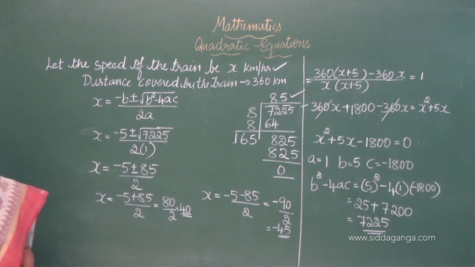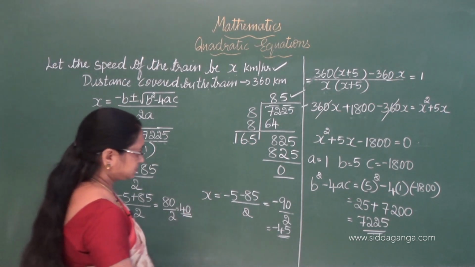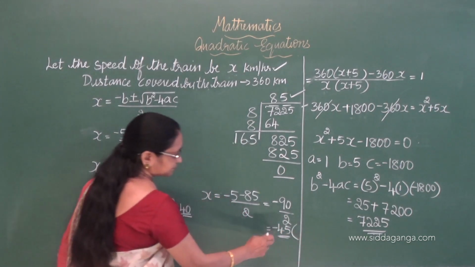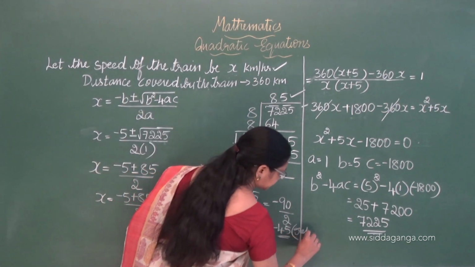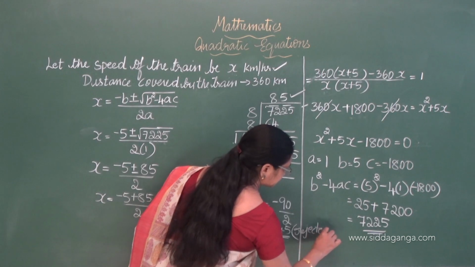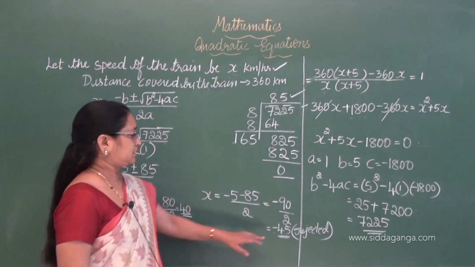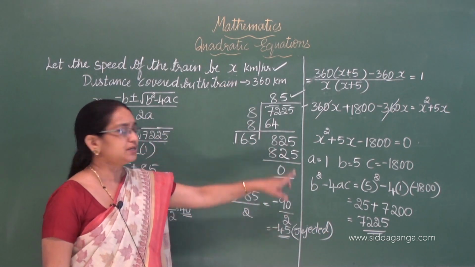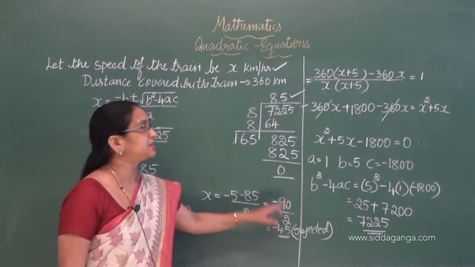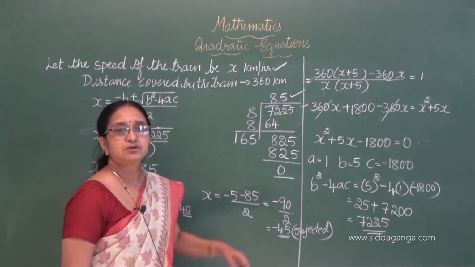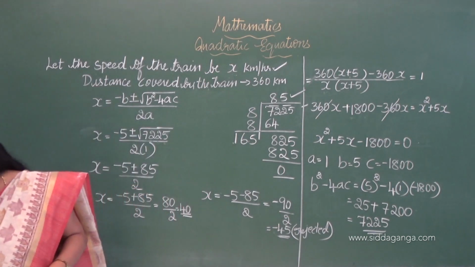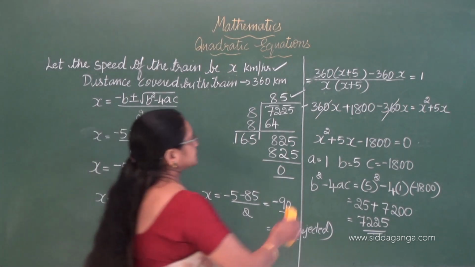This is negative, so it is rejected. You all know speed cannot be negative, so that is rejected. So what is the conclusion?